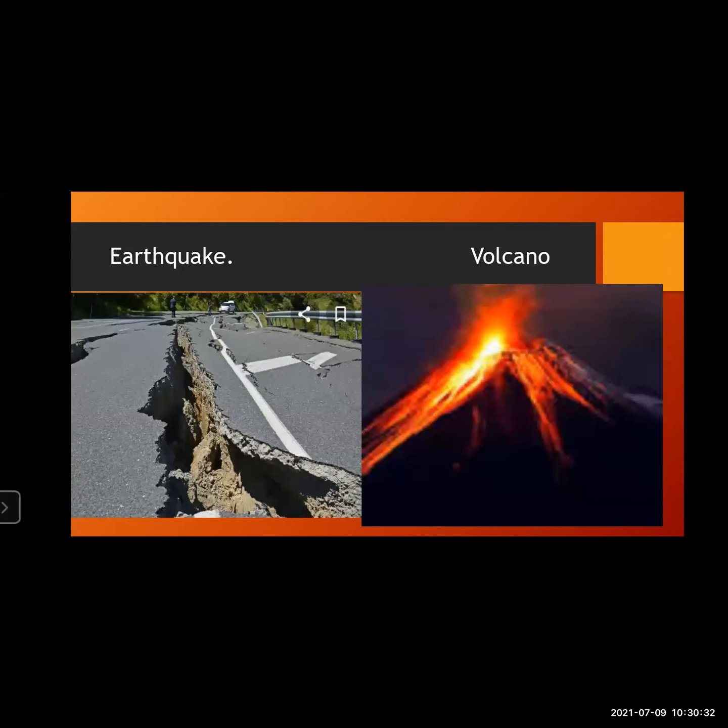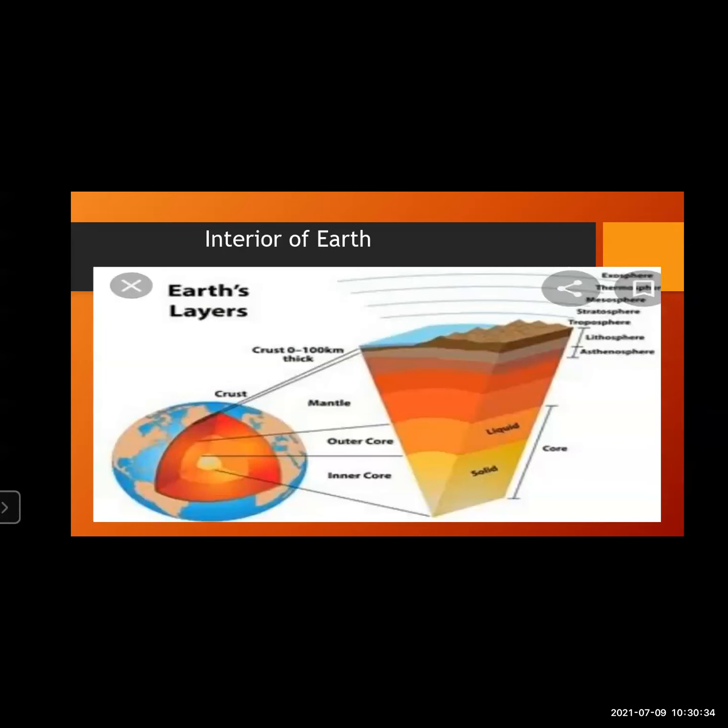So, volcanoes and earthquakes. Now, this is happening because of the instability of the interior of the earth. The waves in the mantle are traveling in the form of three waves, that is the primary waves, secondary waves, and the surface waves, which we will see in detail in the next part of the lesson.